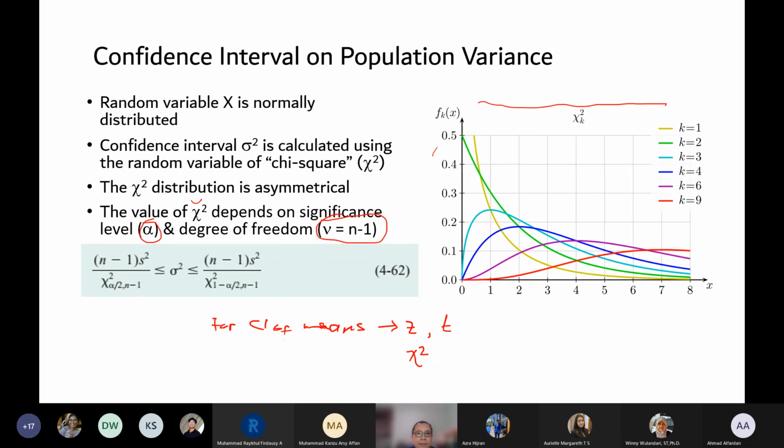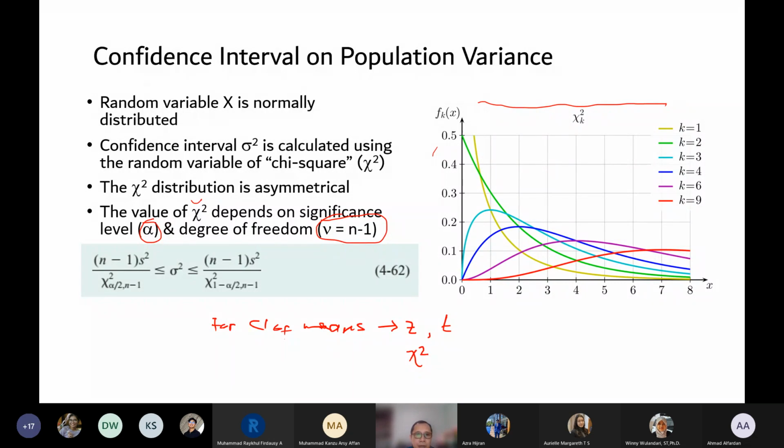Z and T you use to calculate the confidence interval for the population mean. Z is used if the sample is large, or if the sigma is known, if the population standard deviation is known, and you use t when the sample size is small and sigma is unknown.